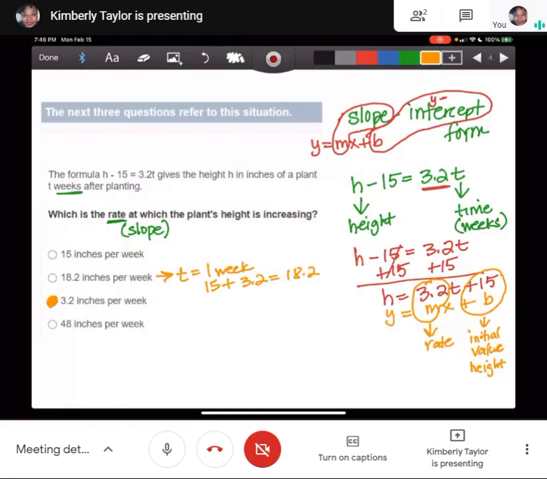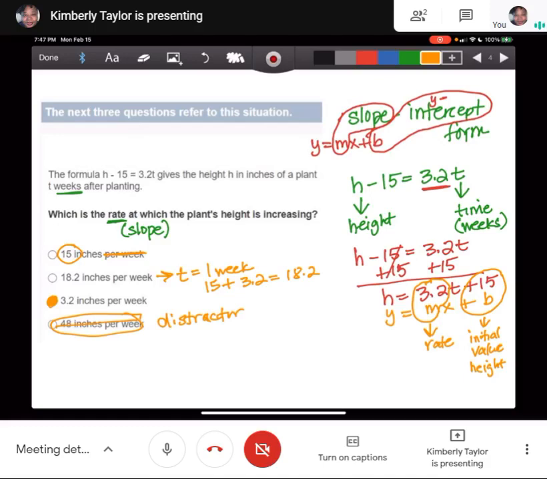So that's happening for 1 week. This is your initial value, and you wouldn't put a per week on it. And this number here is a distractor. It shouldn't be there, but they put that in there just to confuse you.